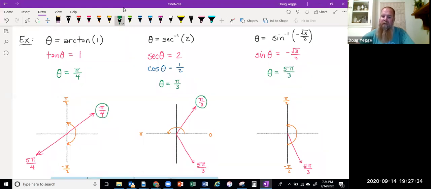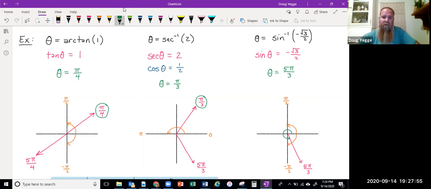But notice that that can't actually be the answer, because 5 pi over 3 starts at the angle of 0 and rotates counterclockwise until it gets to here. That's not an angle between negative pi over 2 and pi over 2. So we need to find a coterminal angle that is between negative pi over 2 and pi over 2.